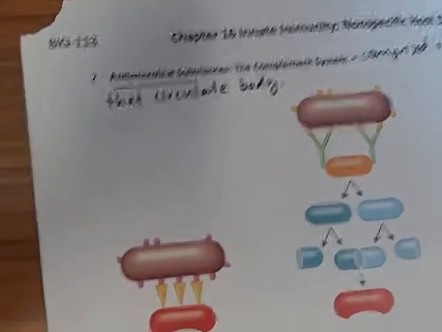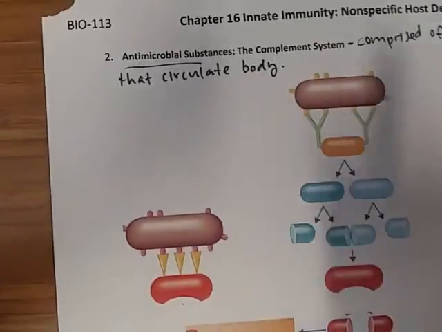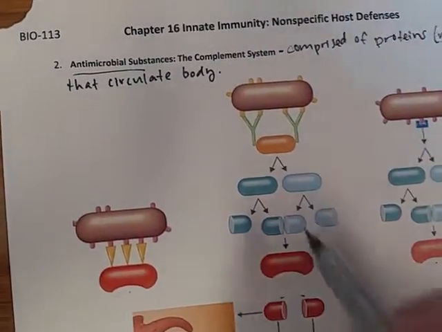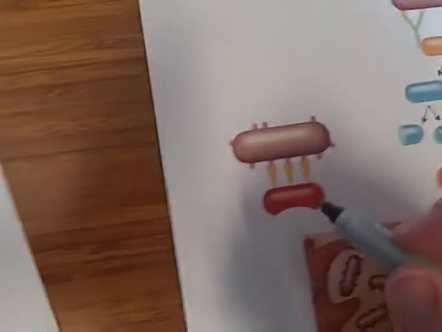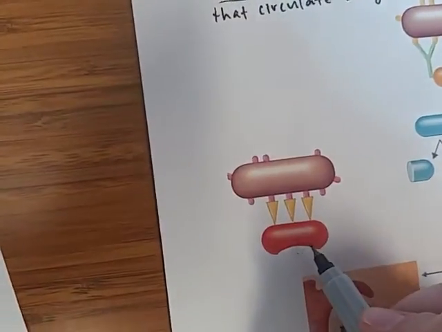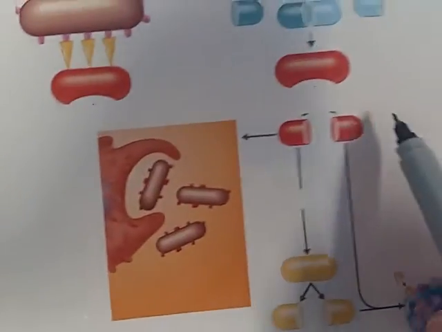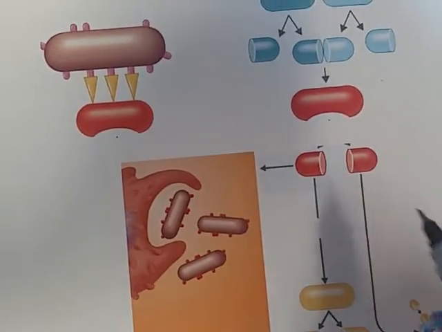So what happens is the liver makes these whole proteins. So like this here, these red ones, all these little blue ones here, these complement proteins. And whenever they're in their whole state, they're inactive, but whenever they get split, like here, they become activated.